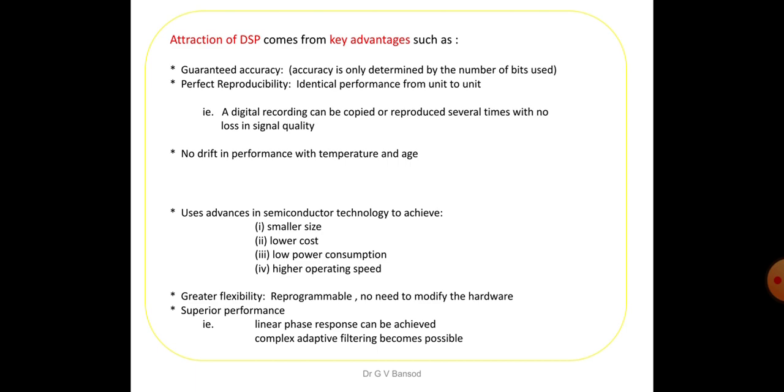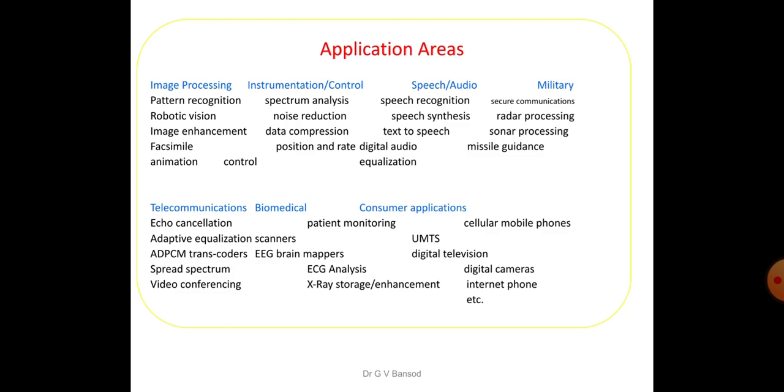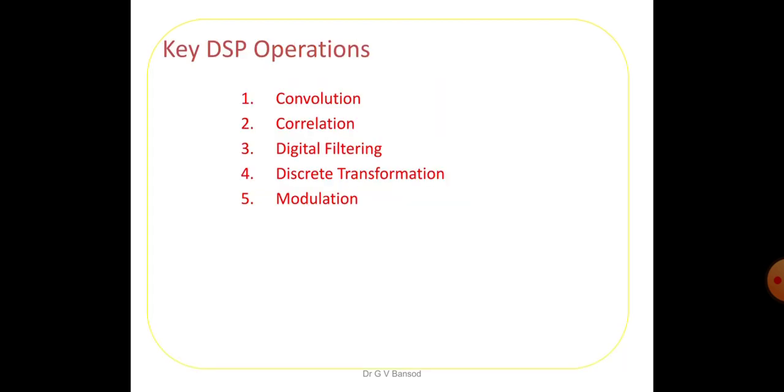There are various advantages associated with the DSP. There are disadvantages in terms of cost, and in terms of speed when we have a large signal to execute. There are n number of application areas the DSP currently deals with, starting with image processing, to military applications, telecommunication, and biomedical. We have n number of things where DSPs are used.